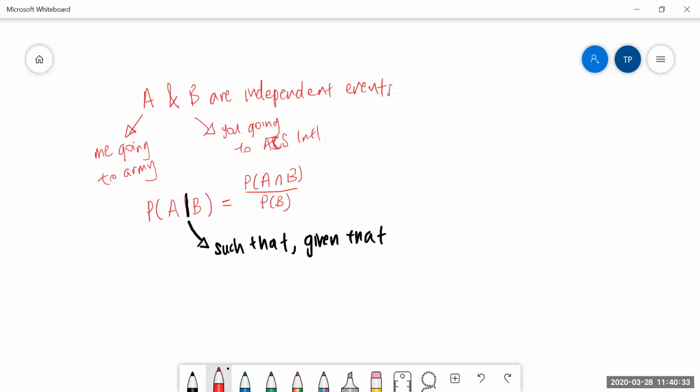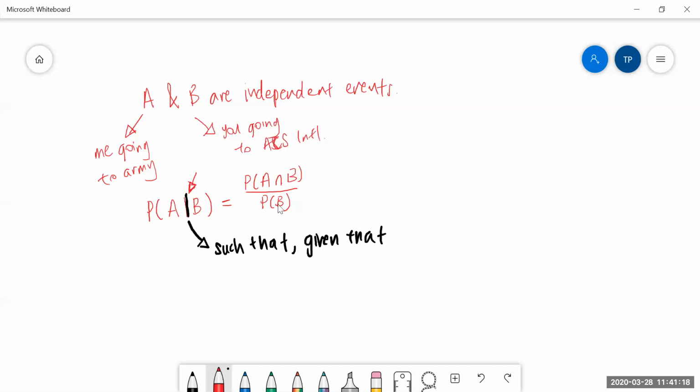Probability of A such that B has happened is probability of A intersect B over probability of B. I see this line as a division, so I always divide by the probability of the event that has already happened. So the denominator is always the probability of the event after the line. That is a trick to memorize it, so you don't have to confuse yourself.